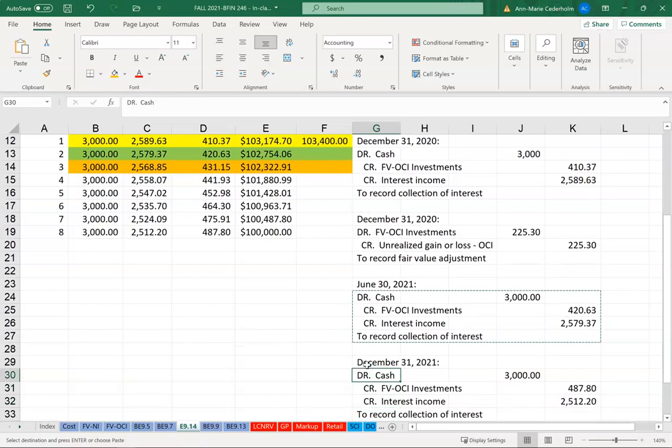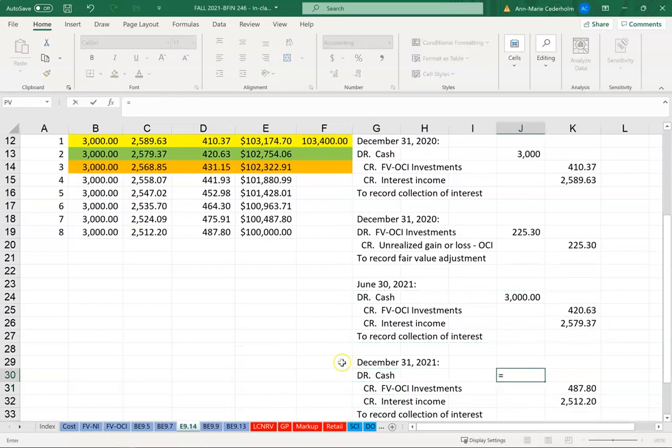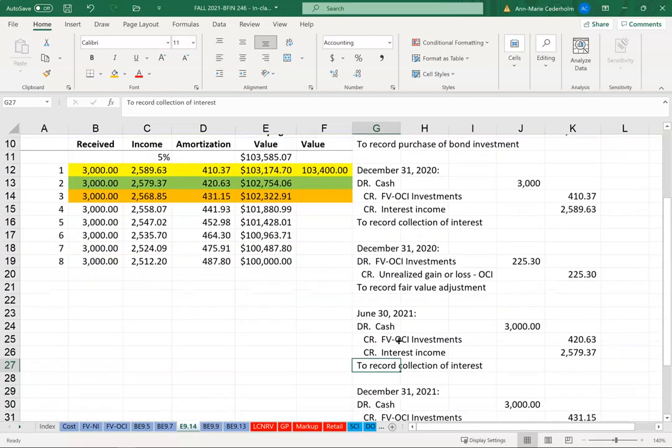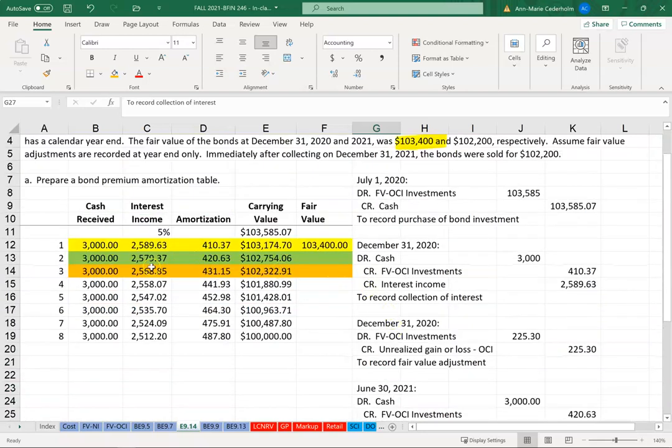But instead, let's grab the numbers on the orange side. So that's the cash. This is my amortization. And then this is my interest income. So basically, I've recorded all of my interest payments up to this point in time.